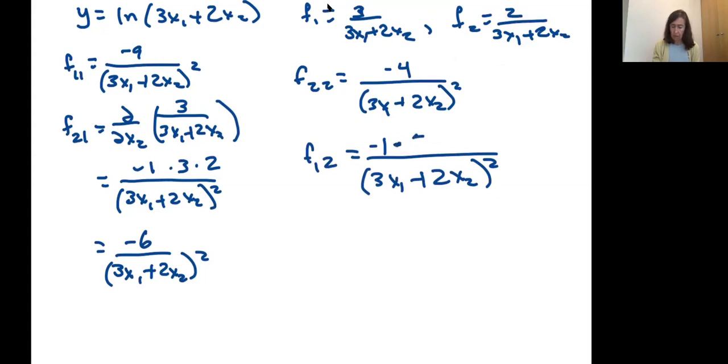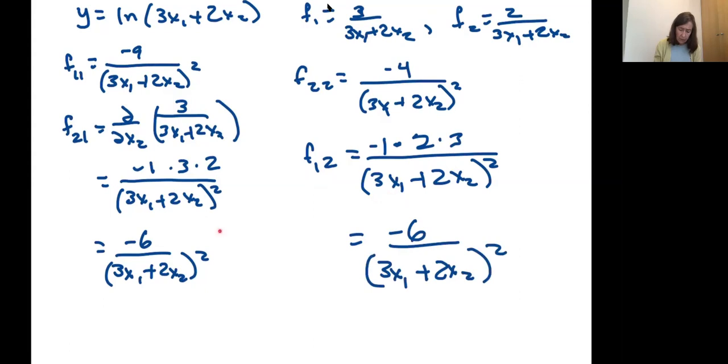Times 2 times, now I need the derivative of the thing in the denominator, but because now I'm taking the derivative with respect to x1, it's 3 there. And I get -6 over 3x1 plus 2x2 squared.